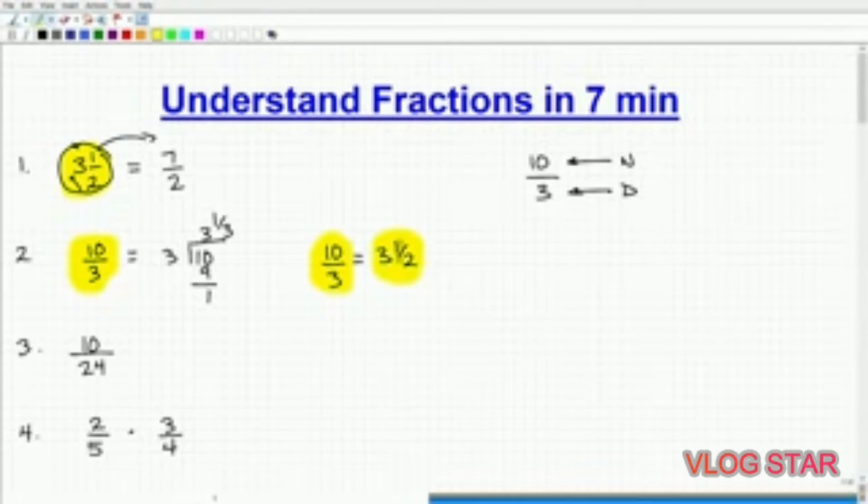Now, I talked about mixed numbers, so I can write this as 3 1/3. So this is a mixed number, this is an improper fraction. And a proper fraction is where the numerator is less than the denominator, so something like 1/2. The denominator down here is bigger than the numerator. So this is a proper fraction, improper fraction, and mixed numbers. So you need to be able to go back and forth between the two.